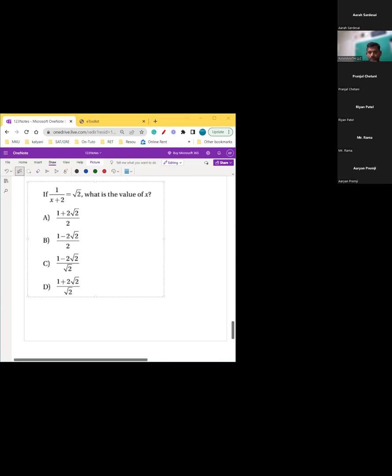Okay, let's try this one. So they gave you 1 over x plus 2 is radical 2. What could be the x value?